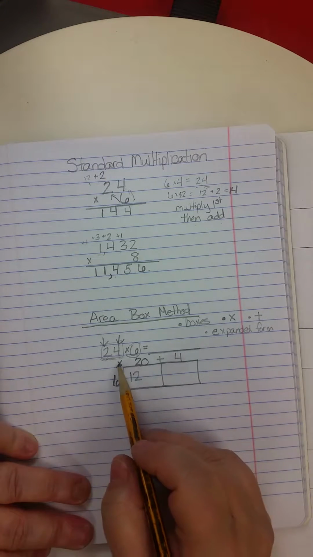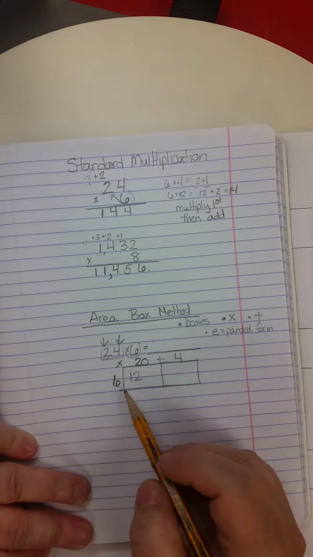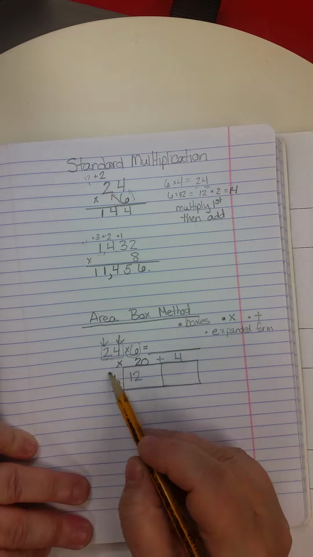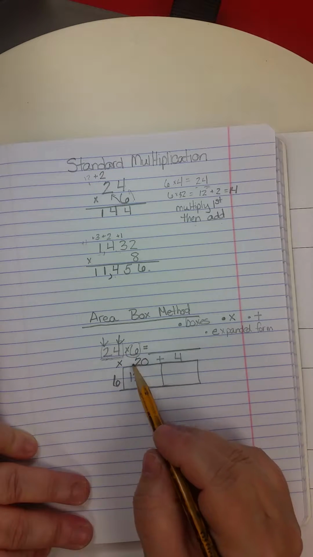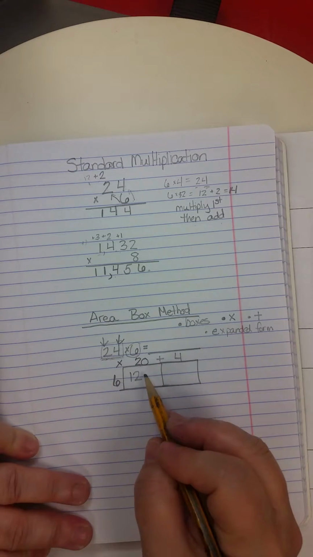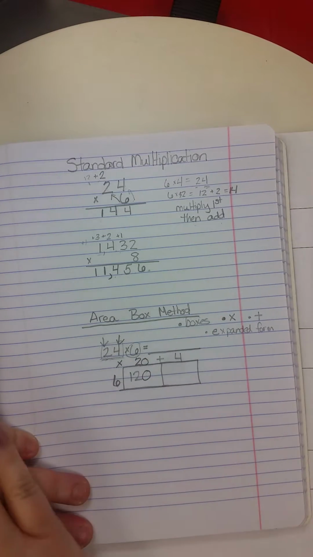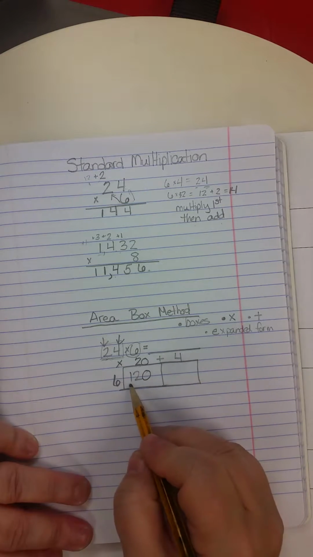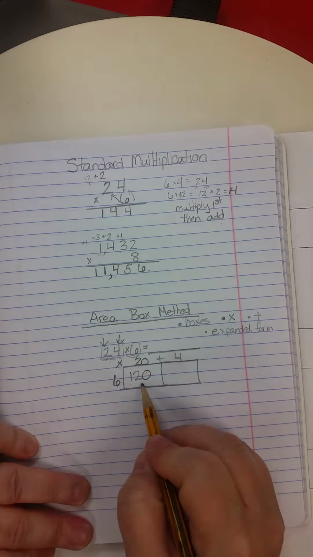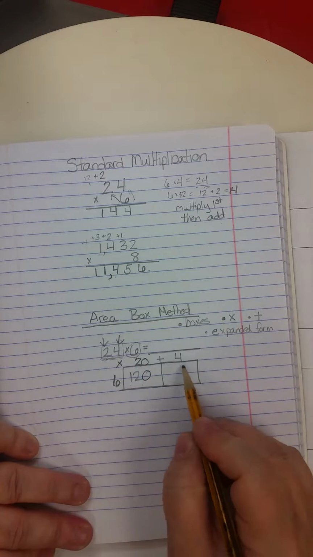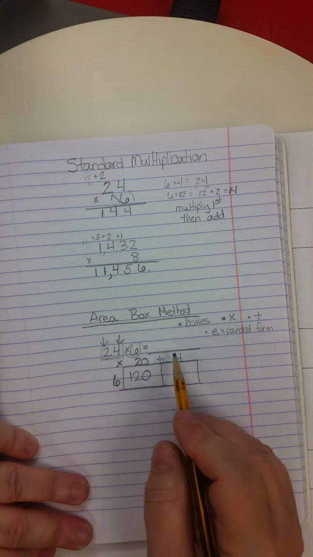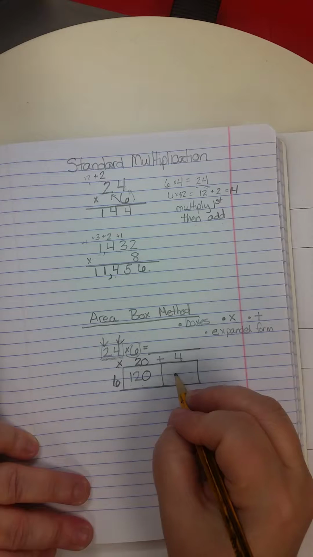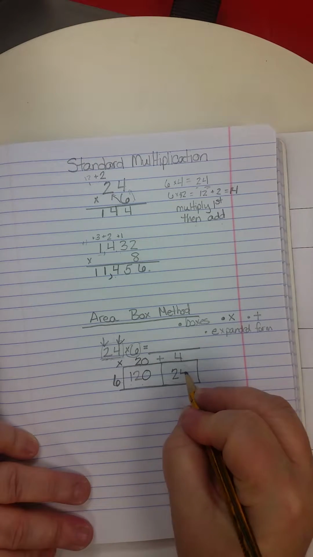I go back to that problem and I count the number of zeros. There's no zeros on this side. There's 1 0 here, 1 0 here. Means I put 1 0 there. Okay? So 6 times 20 is 120. Now I need to fill in this box. So I go 6 times 4, which I know is 24.